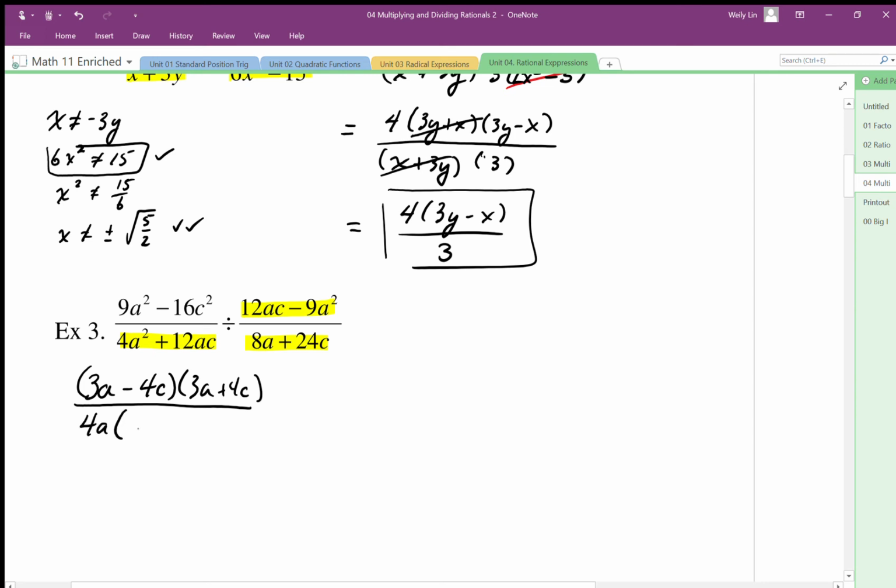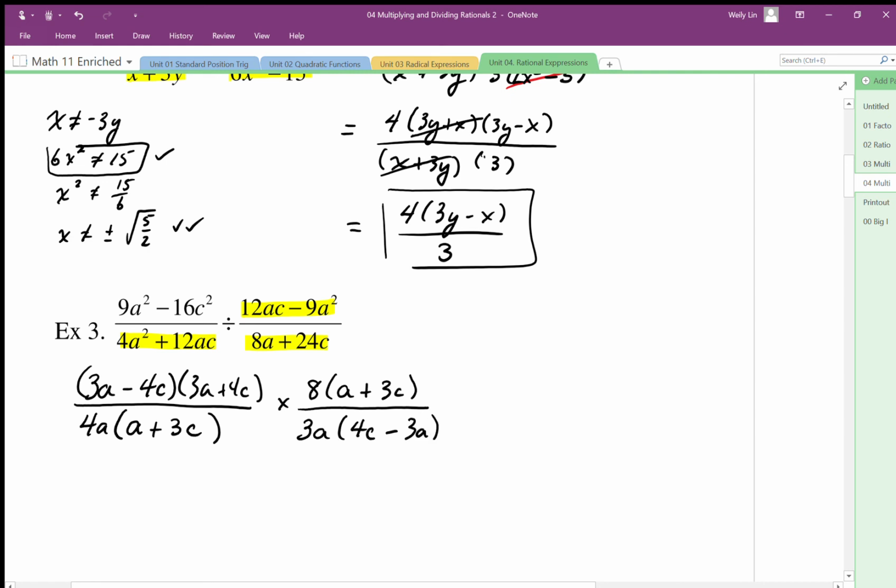So I'm left with a plus 3c. Write the multiplication statement. It's going to end up being 8 times a plus 3c. And in the bottom here, we're going to factor out a greatest common factor of 3a. So left with 4c minus 3a.